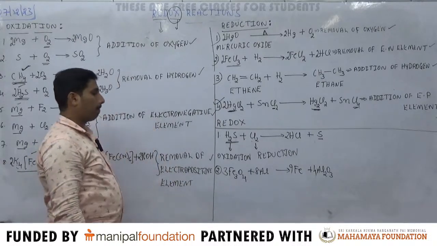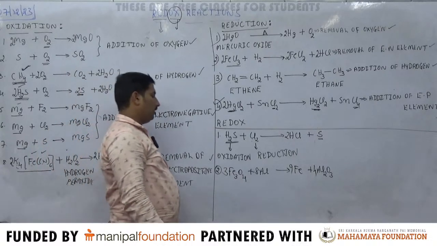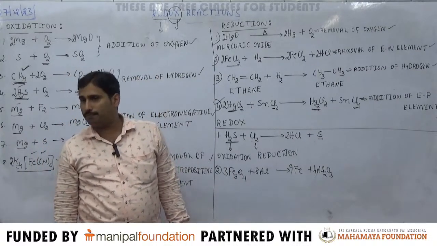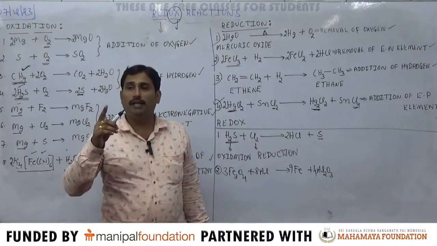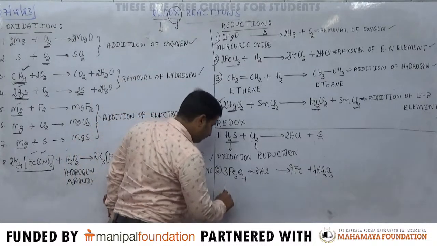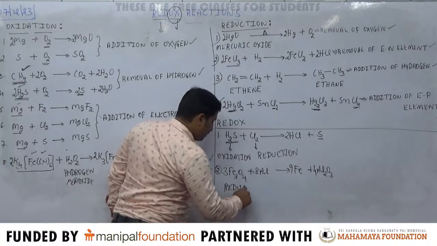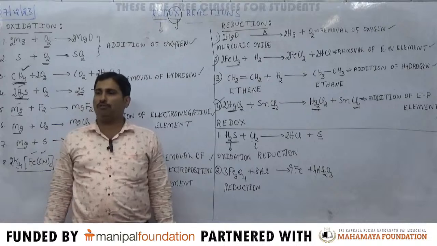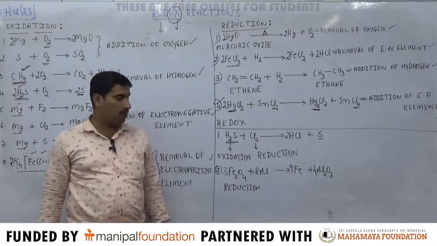Now tell me, which one is undergoing oxidation, which one is undergoing reduction? Fe3O4 is undergoing reduction. Why? There is a removal of oxygen. Removal of oxygen, therefore, it is a reduction.